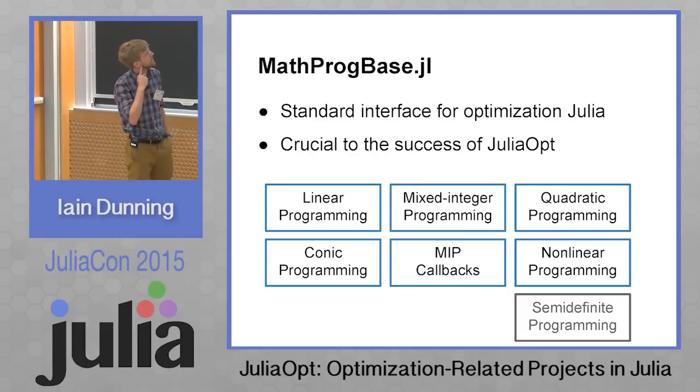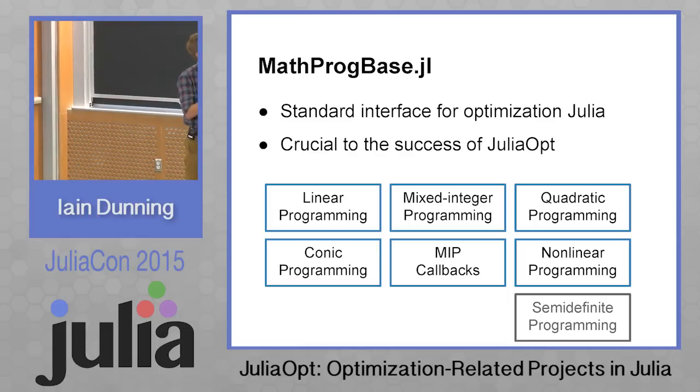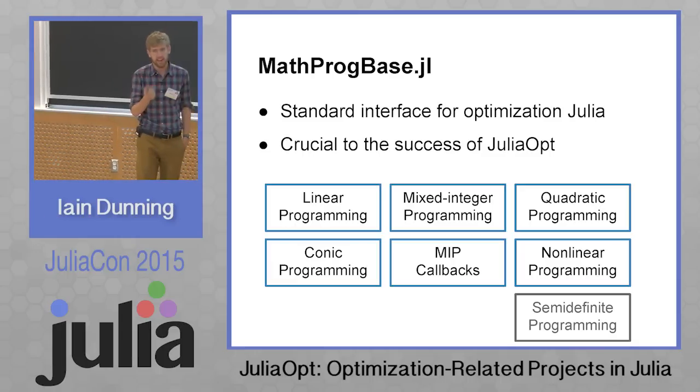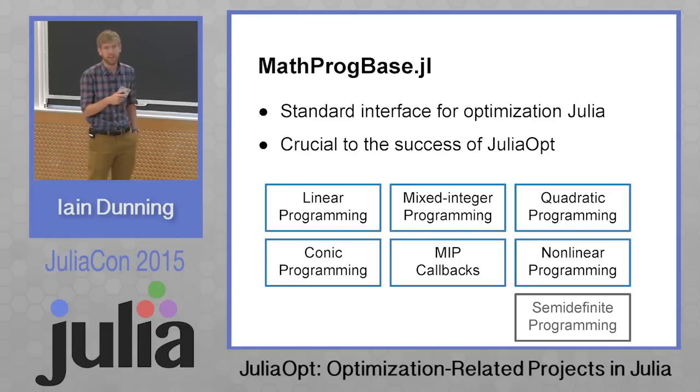So the interface is actually broken down into multiple parts. There's parts that relate to linear programming, mixed integer programming, quadratic programming, conic programming, callbacks, nonlinear programming. They each define a set of functions that a solver can implement, and if you have a new solver and you want to use it from JuMP, you can keep trying to use the solver with JuMP and implementing methods until it works.